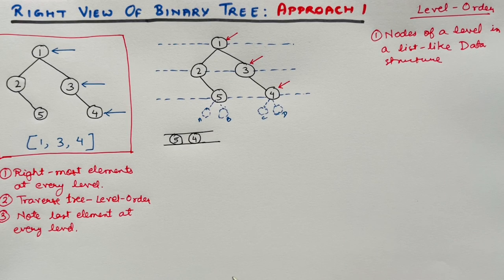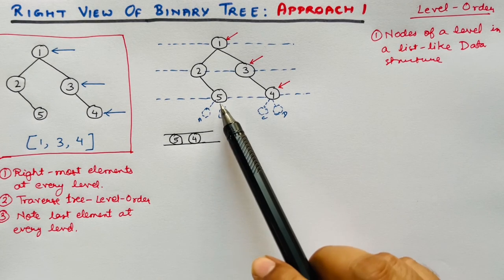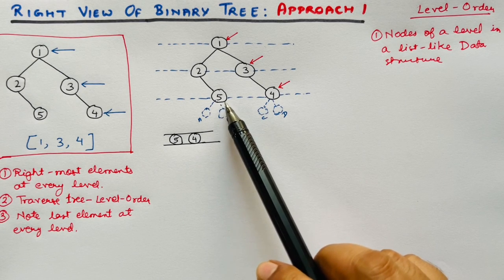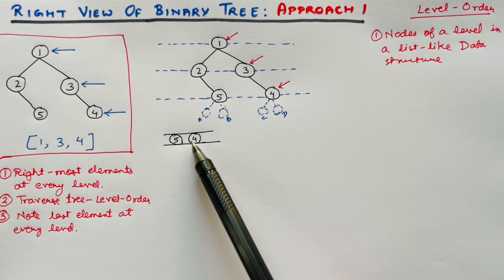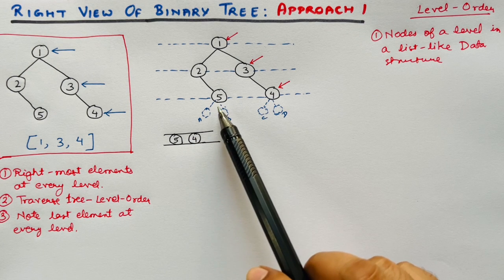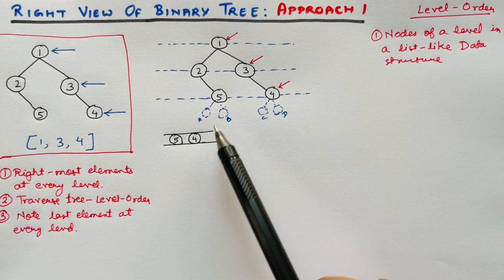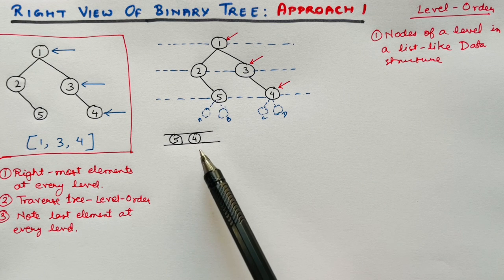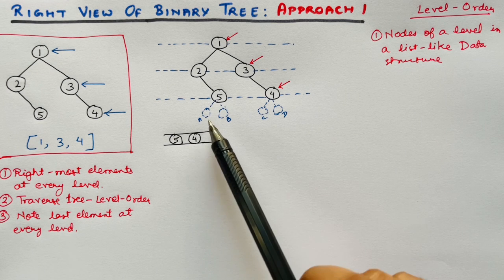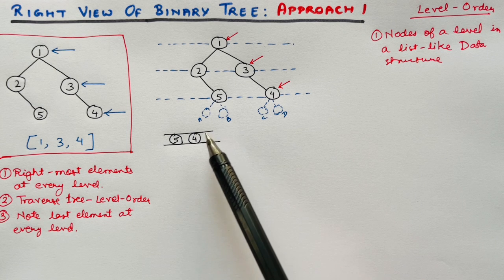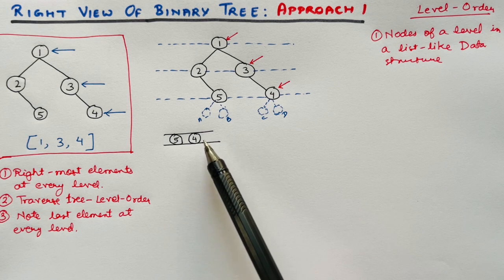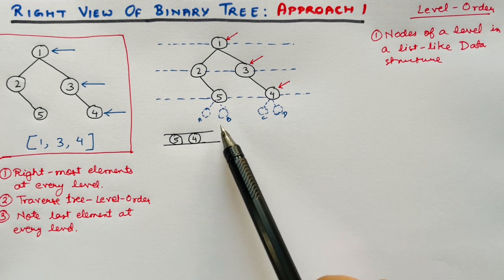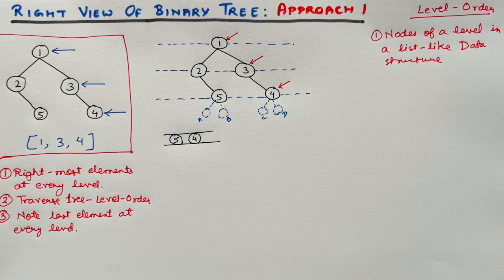So what we can do, that once we have visited 5, then before visiting 4 from this data structure, we should try to put the children of 5 into this data structure. Behind 4, we will not be visiting the children, but we will just be putting it in data structure behind 4 so that we can visit A and B after we have visited 4.